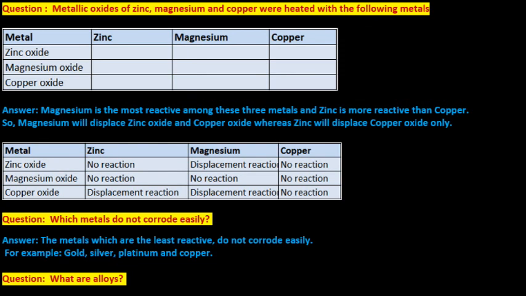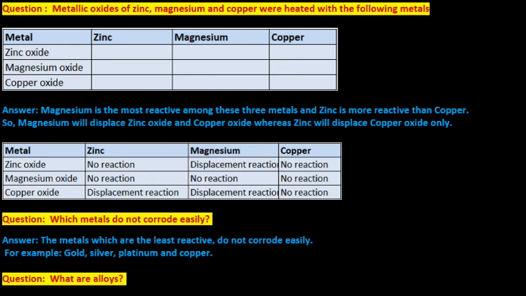Magnesium is the most reactive among the three metals, and zinc is more reactive than copper. So magnesium will displace zinc from zinc oxide and copper from copper oxide both, whereas zinc will displace copper from copper oxide.